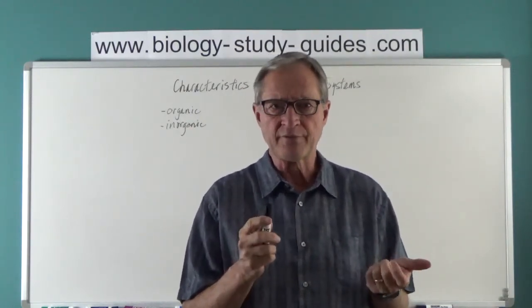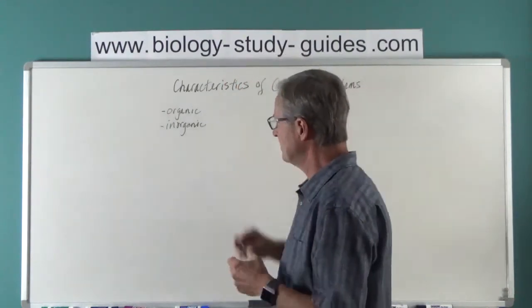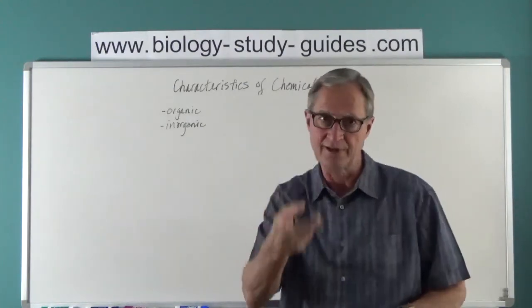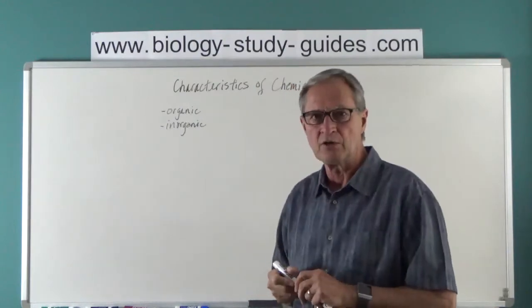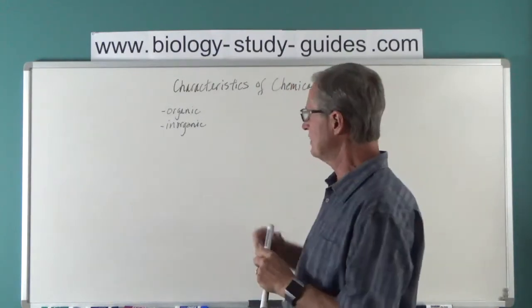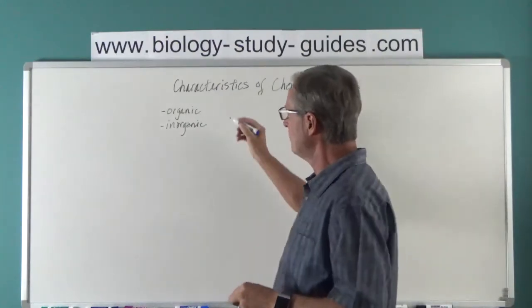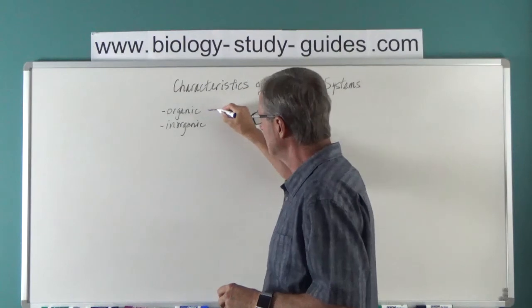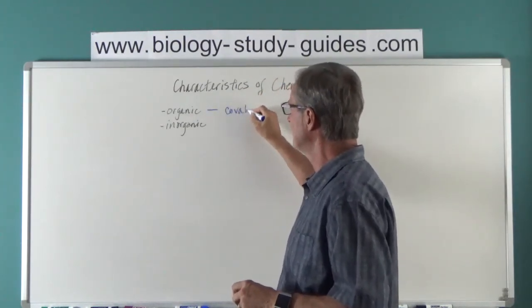One of the things we have to clarify at the beginning is organic versus inorganic. What we're going to realize in the next video is a very clear distinction of organic molecules versus inorganic molecules. But what I want to mention in this video is that organic molecules tend to be covalently bonded together.